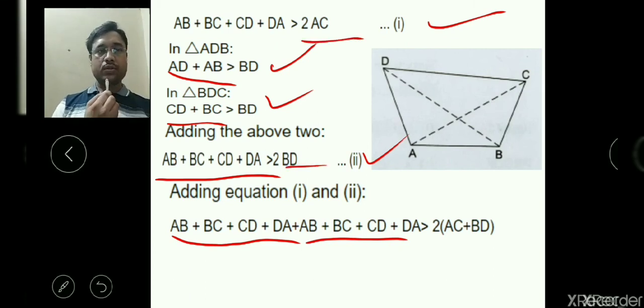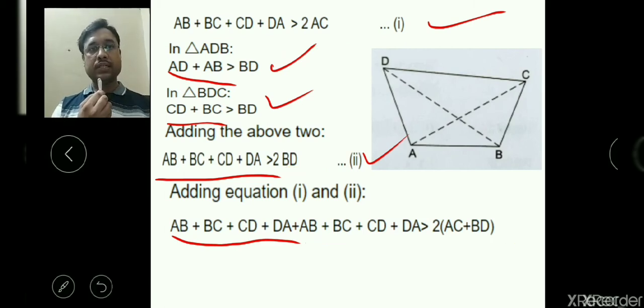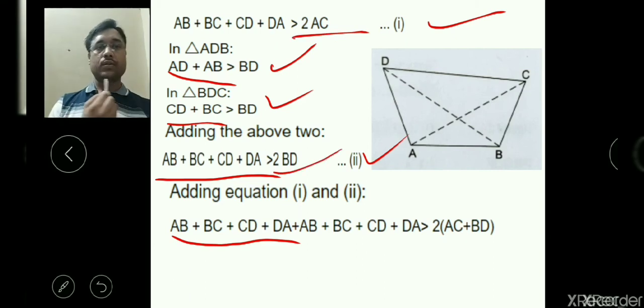Okay, with this you can take 2 common on the right side, 2AC and 2BD, so it is 2 into AC plus BD.